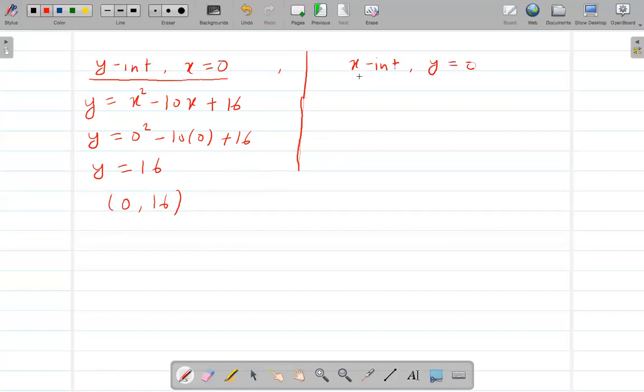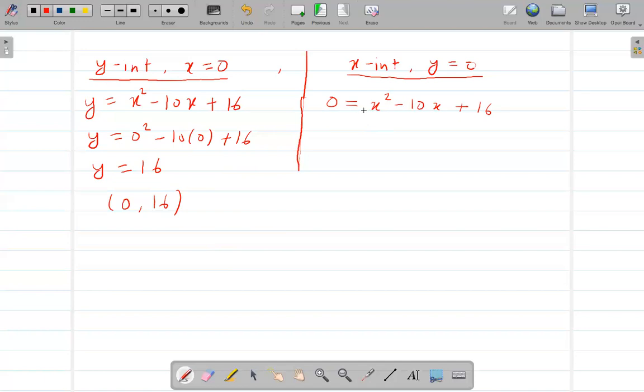Similarly here, to find the x-intercept, we're going to consider y as 0. So 0 is equal to x squared minus 10x plus 16, right? So now to solve this, there are lots of different ways. You can use the quadratic formula. You can use, I don't know if you know the AC method or not.